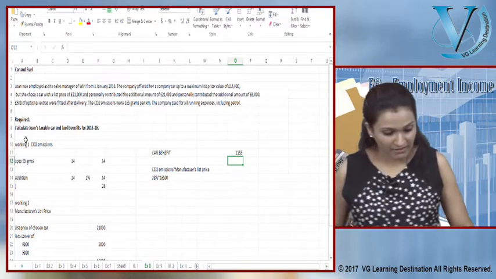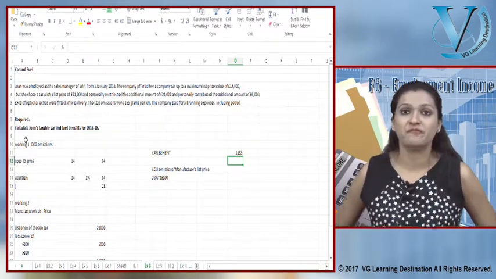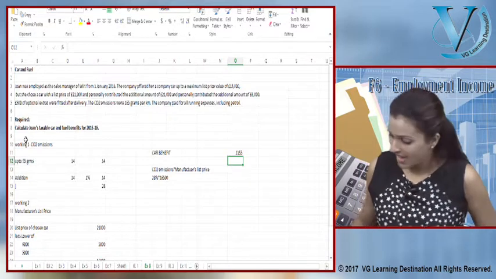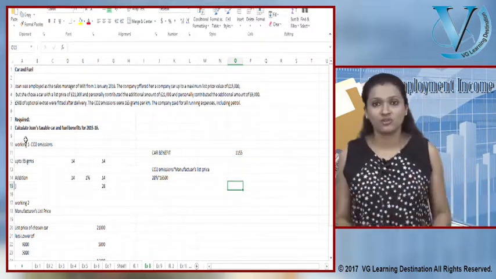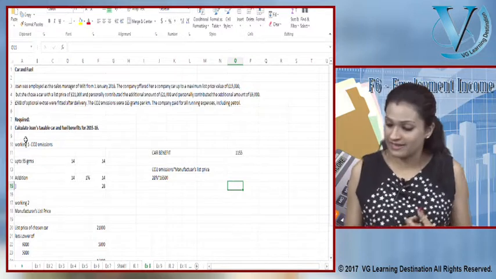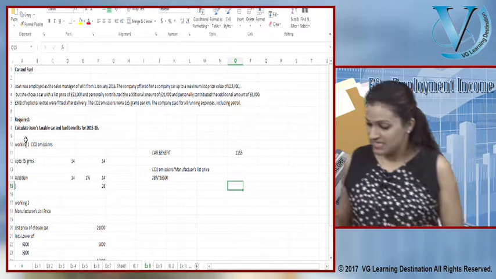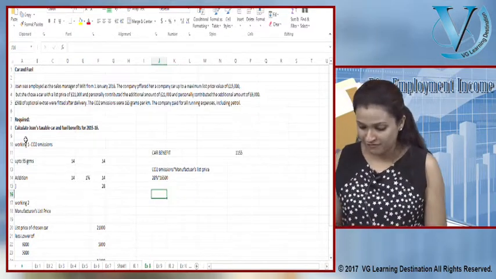The value of the benefit comes out to be 1155 for the car that we have enjoyed. Now, apart from this, the question clearly says the company paid for all the running expenses including petrol. So let's find out the fuel benefit.